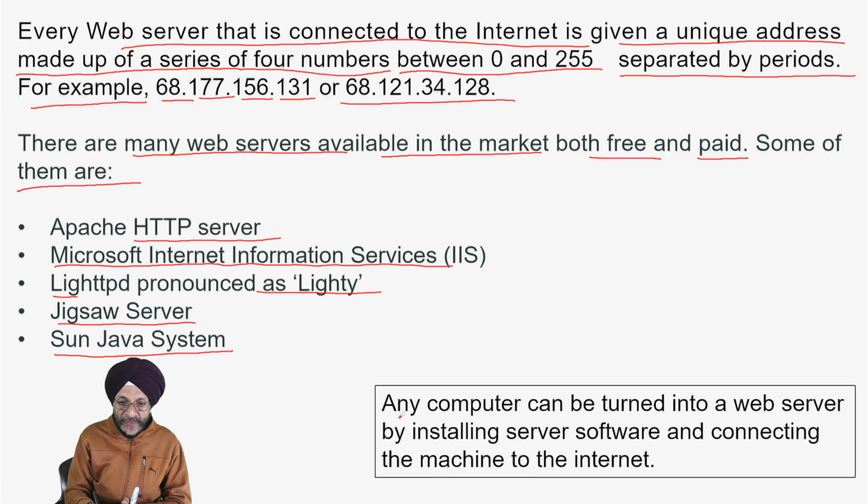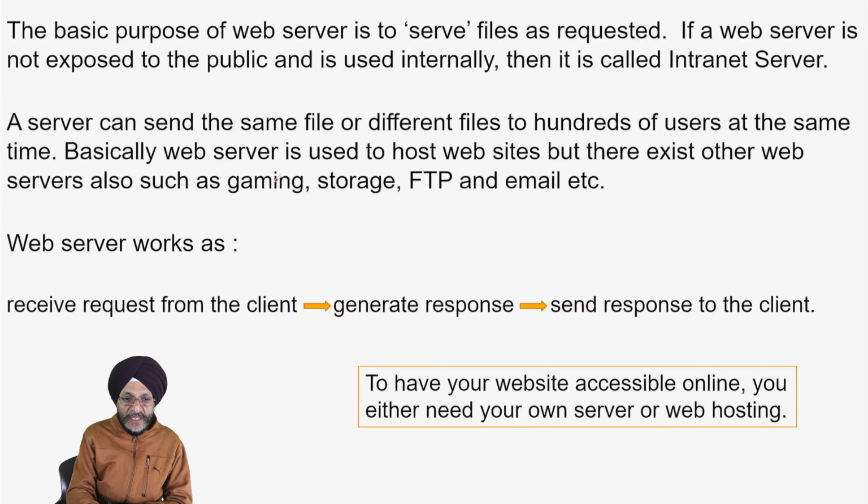Any computer can be turned into a web server by installing server software and connecting the machine to the internet. The basic purpose of a web server is to serve files as requested.